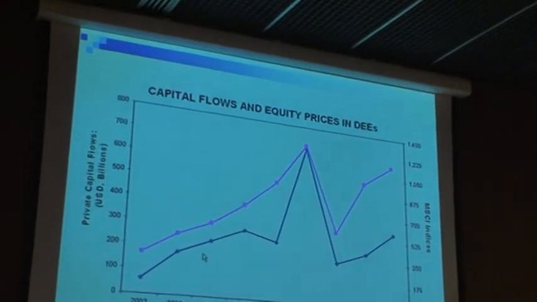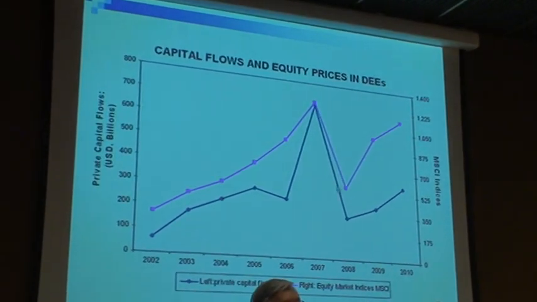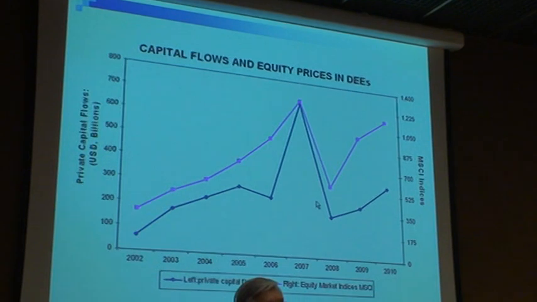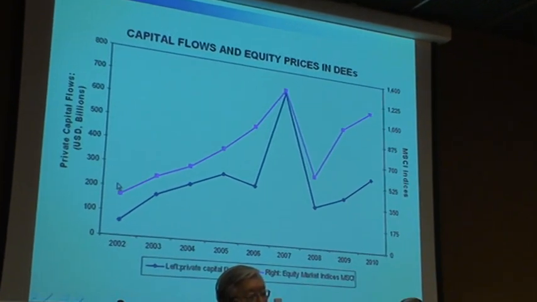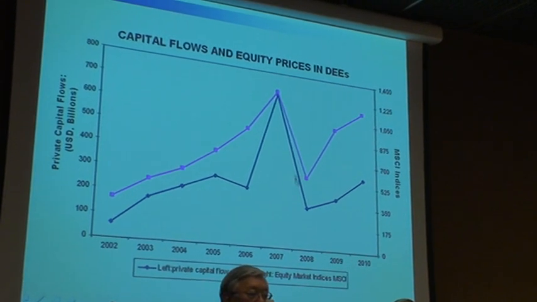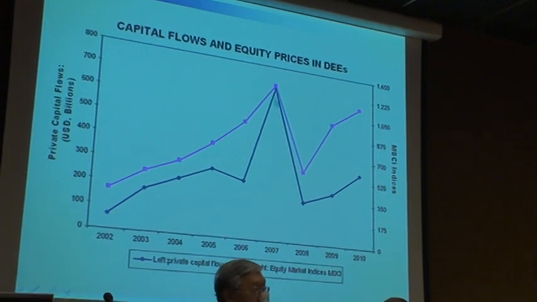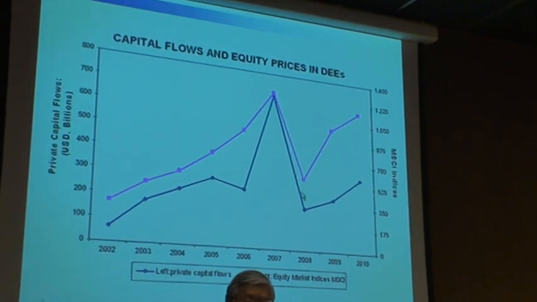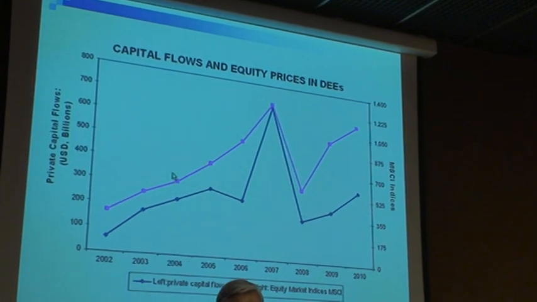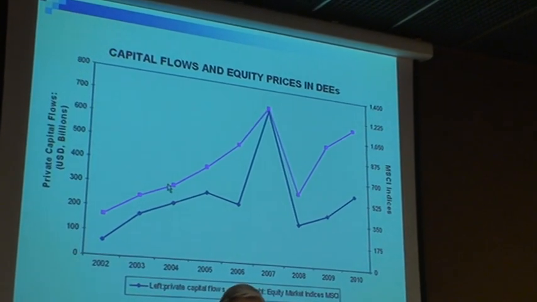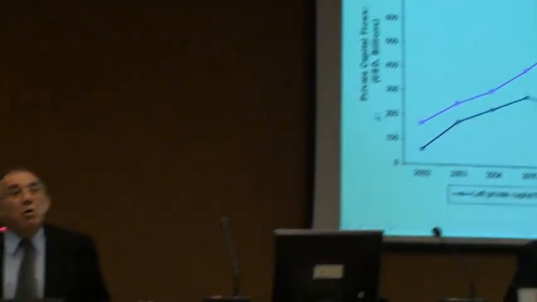The dark one is capital flows, and the pink one is the equity market indices for 30 developing countries, emerging markets. You see how close they move together. This is the 2007 boom, peak. This is the Lehman collapse, and this is the post-Lehman recovery. This means that when Wall Street sneezes, we may catch more than a cold now.